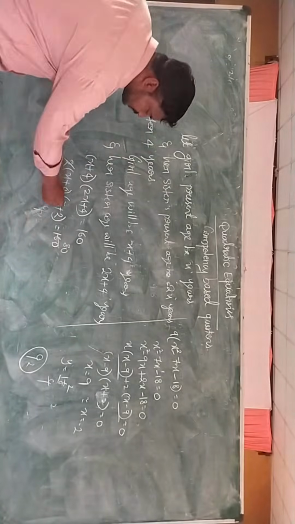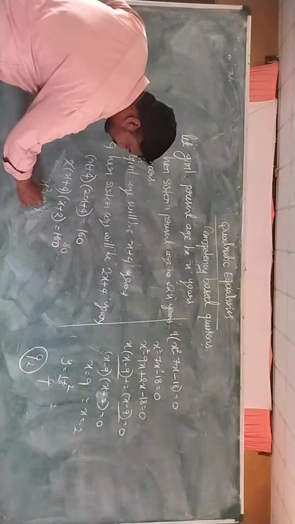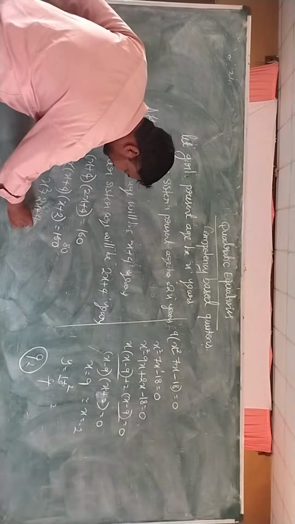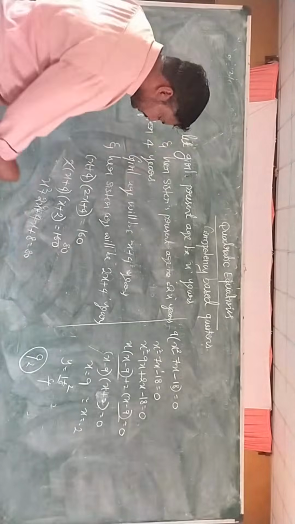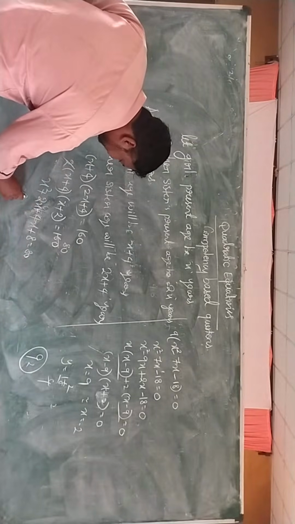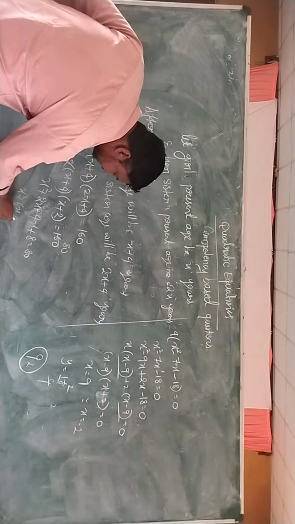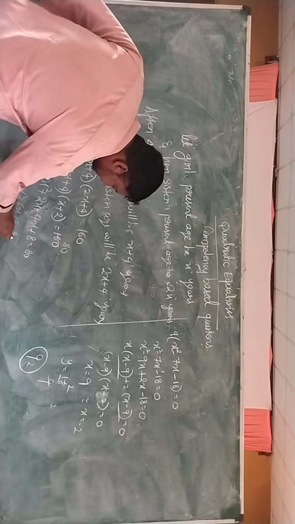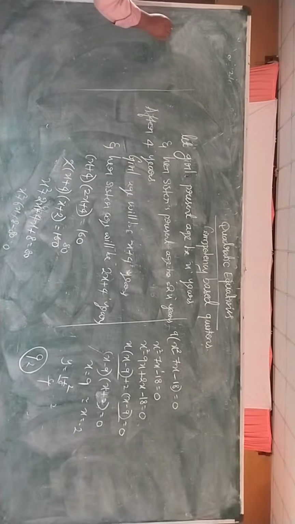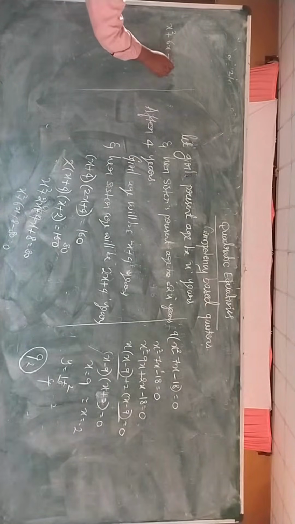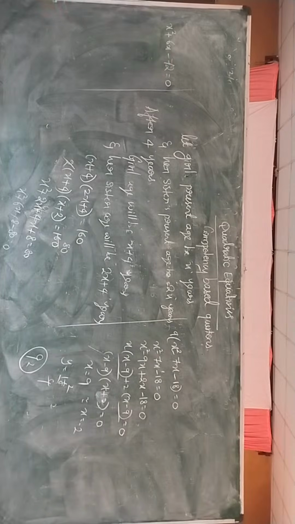So x square plus 2x plus 4x plus 8 is equal to 80. So x square plus 6x plus 8 minus 80 is equal to 0. So now x square plus 6x minus 72 is equal to 0.